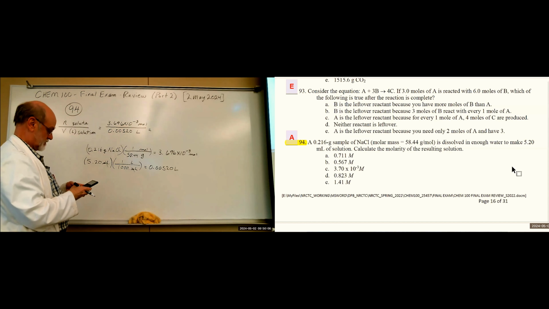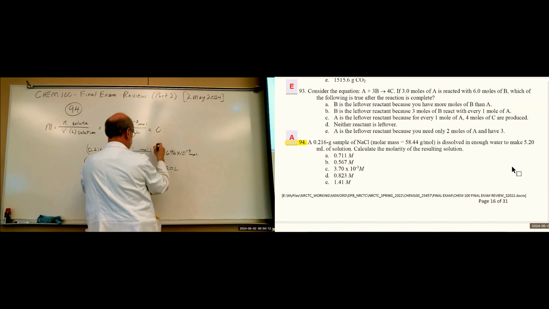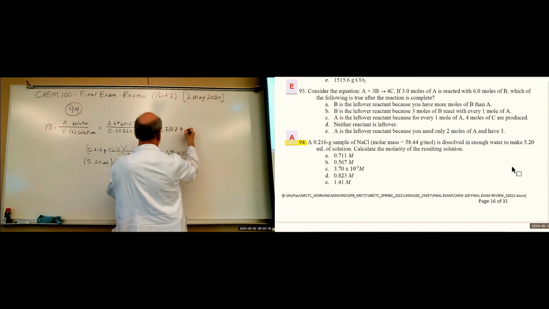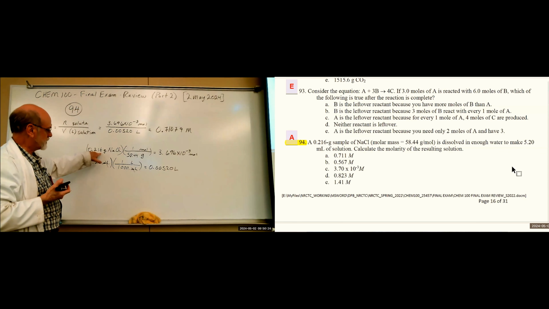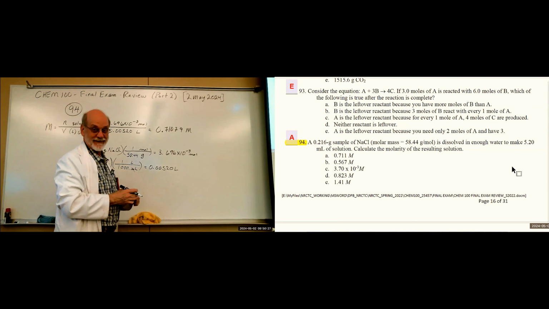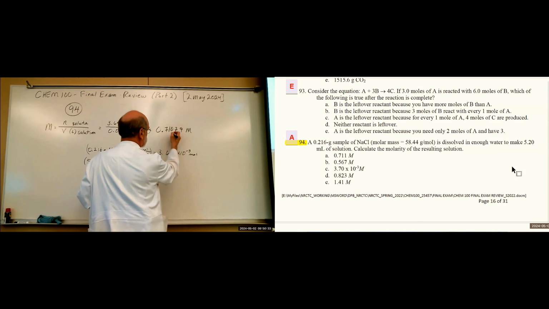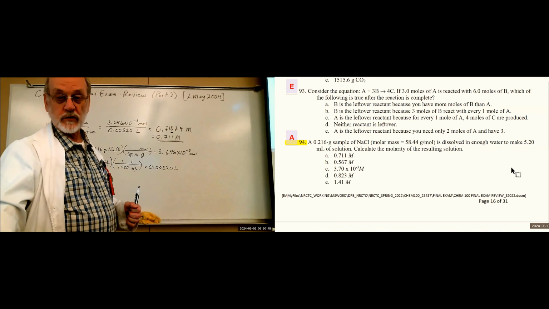Now I can divide that in, and I get, in standard notation, 0.71079 molar. But we're limited to 3 significant figures, because this is 3 significant and that's 3 significant. So I've got to chop it off right there: 0.711 molar. There you go. That's the concentration of this sodium chloride solution.